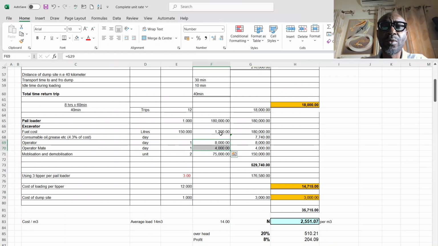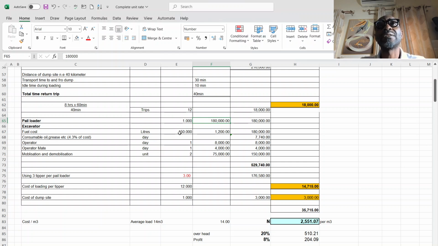But these two, the fuel and this, is conditional on the price that was given to you for the rental not being inclusive of these three items. If the price is inclusive of these three items, then this is not applicable in this instance. But if the price that was given as 180 is the cost for the pair without fueling and the drivers and the operator, then this can be applied, because rentals are of different models.